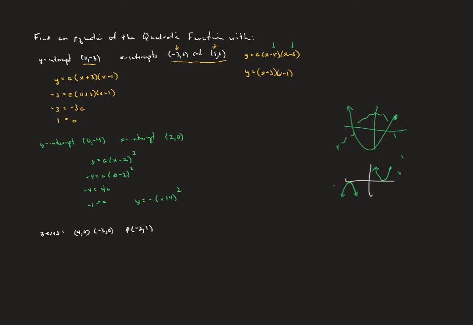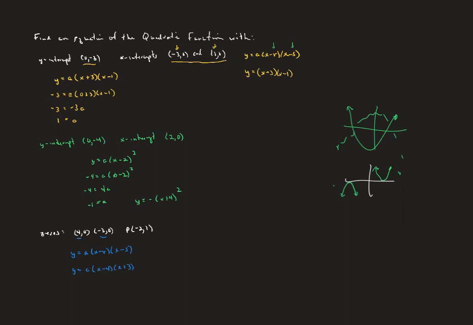Okay, so again, because we have x-intercepts, we're going to use as our starting formula the factored form of a parabola. And we know that the 4 and the negative 3 are the r and the s, so this becomes y equals a times x minus 4 and x plus 3.